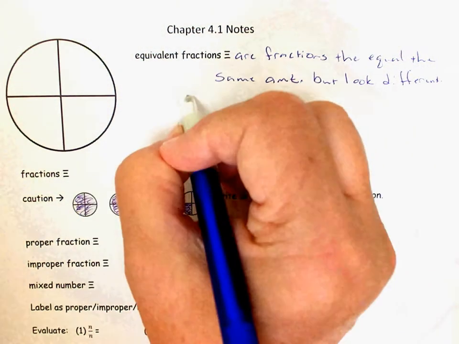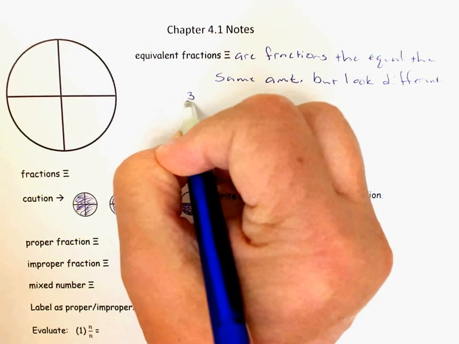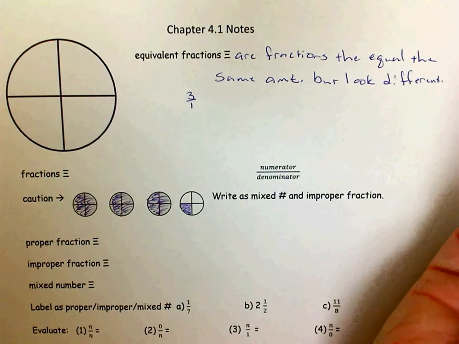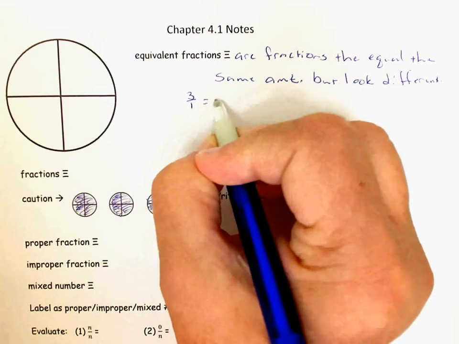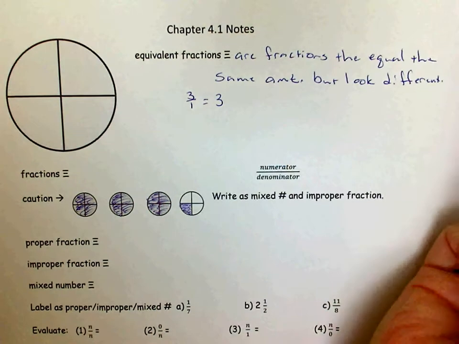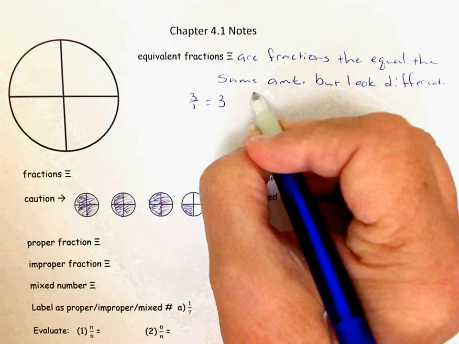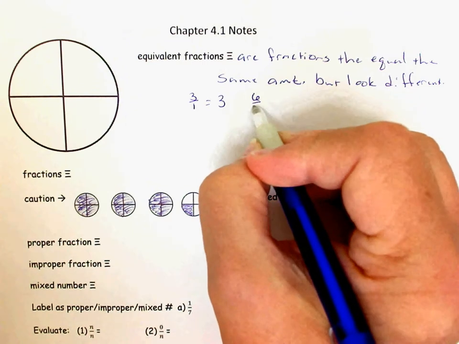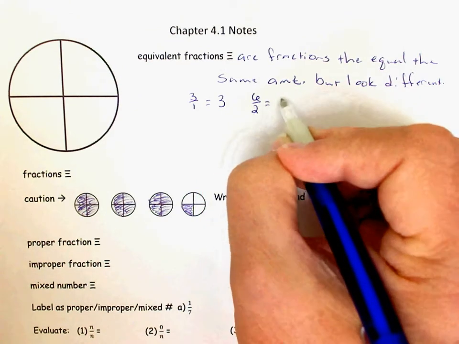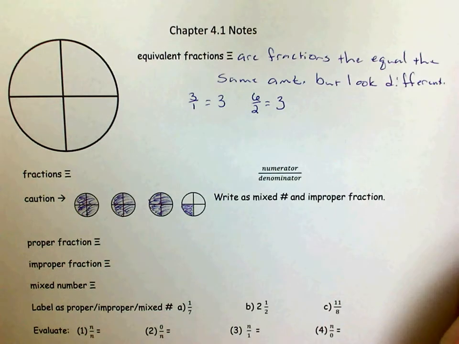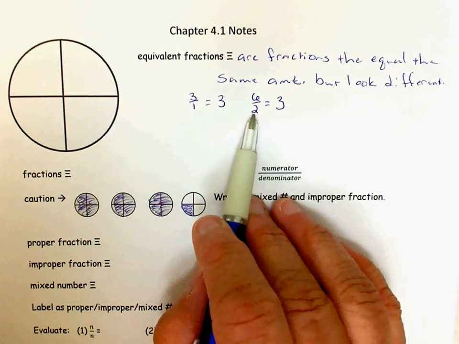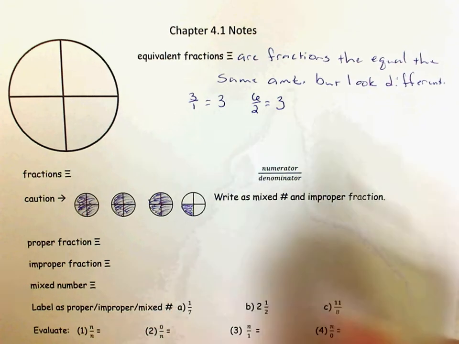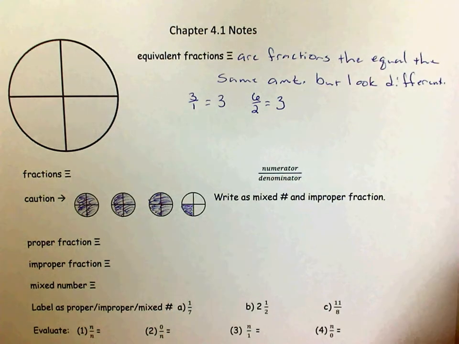For example, if I have a whole number 3, it is considered a fraction over 1, okay? But that's the same thing as just 3. And if I have, let's say 6 divided by 2, when I simplify that, that's also equal to 3. So this looks a lot different than that, and yet they both represent the same amount.